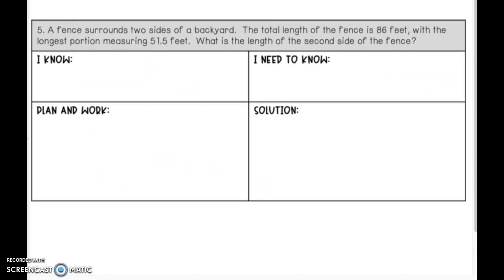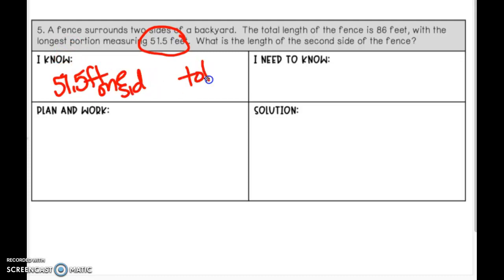Next, we have a fence that surrounds two sides of a backyard. The total length of the fence is 86 feet, with the longest portion measuring 51.5 feet. What is the length of the second side of the fence? So we're saying one side of the fence is this. Okay, so we know that 51.5 is one side.